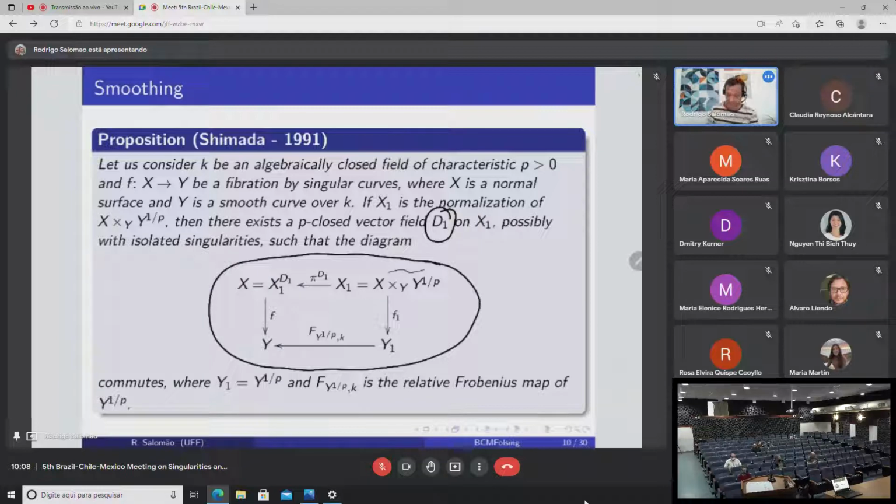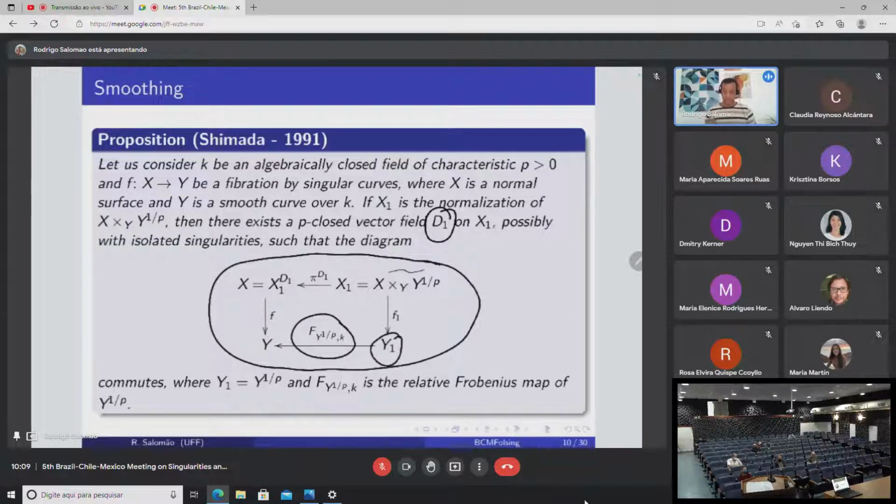This diagram is similar to the diagram obtained in the previous example. And this map here is the relative Frobenius map of Y1.